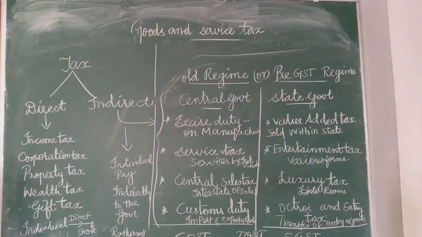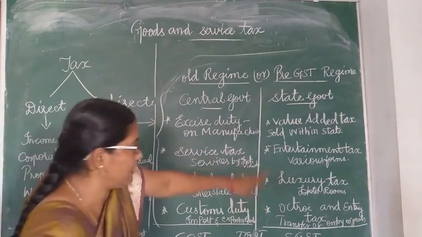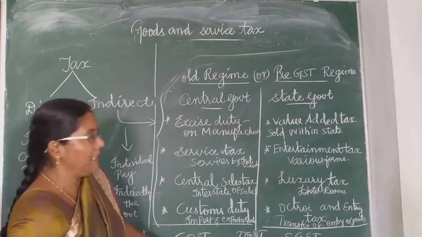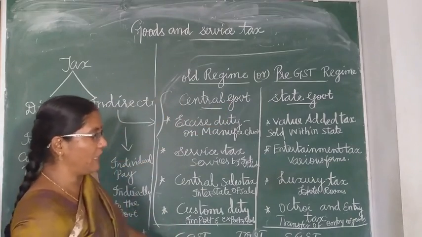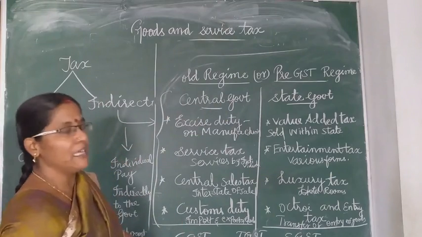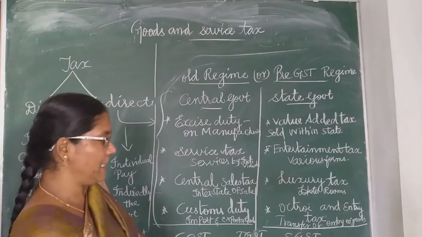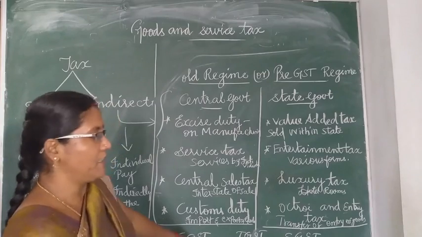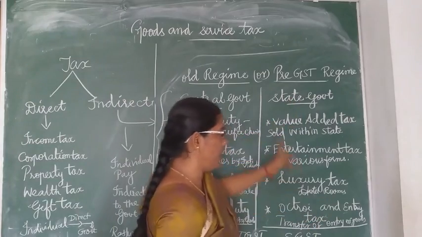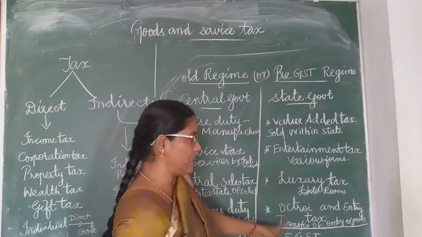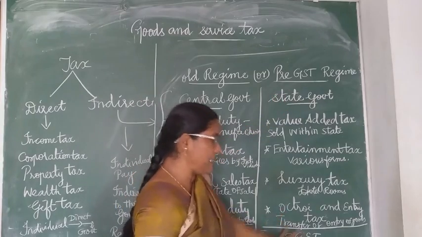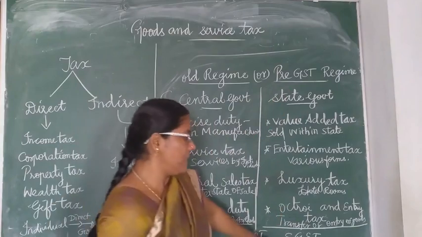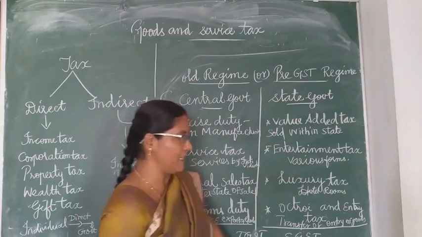So taxes such as service tax and all these kinds of taxes will be replaced together by one tax, CGST, Central Goods and Services Tax. And value added tax, entertainment tax, luxury tax and octroi duty will all be replaced by State Goods and Services Tax.